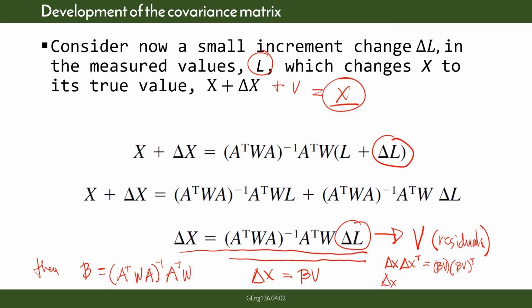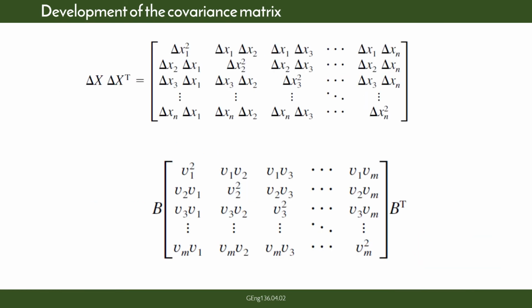So delta X times the transpose of delta X is equal to B times V times V transpose times B transpose. Then this happens. Kindly observe the equation. Let's just skim this part.